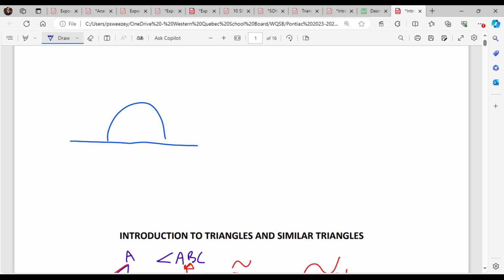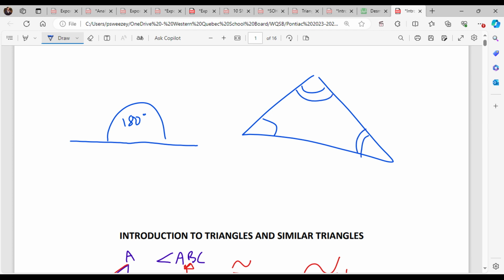What would the measurement of a straight line be? 180, right? All triangles, if you were to add all three of these angles up together, what would they equal? 180 degrees. All angles add up to 180 degrees for any triangle, whether there's an obtuse angle in there or not.